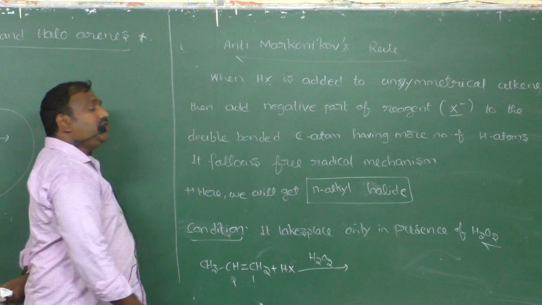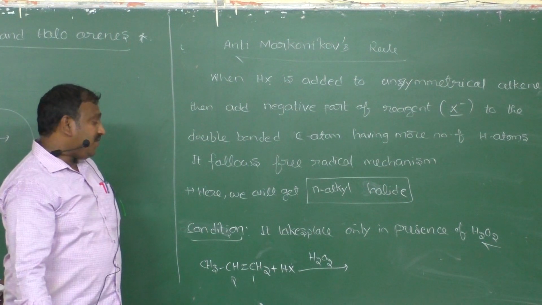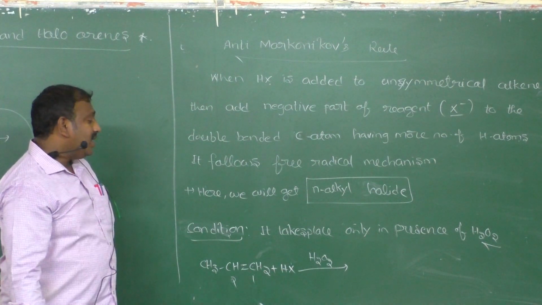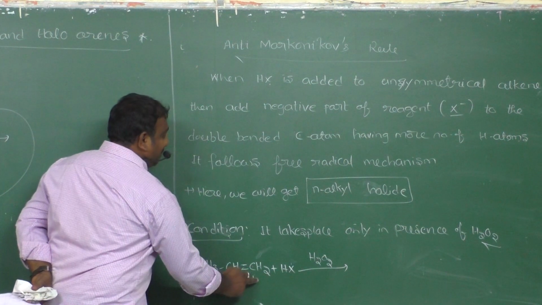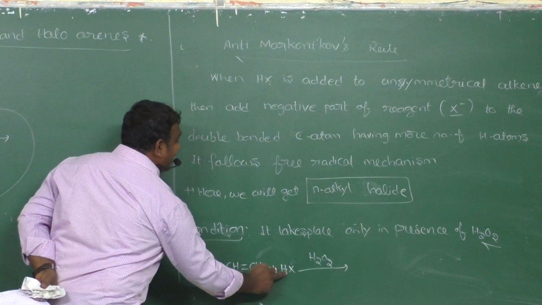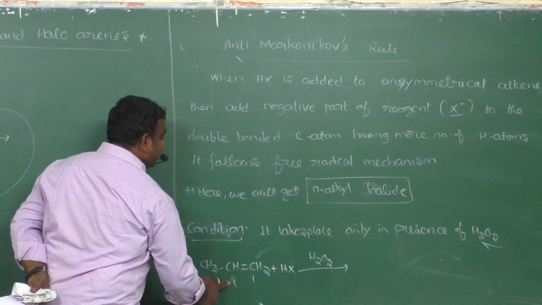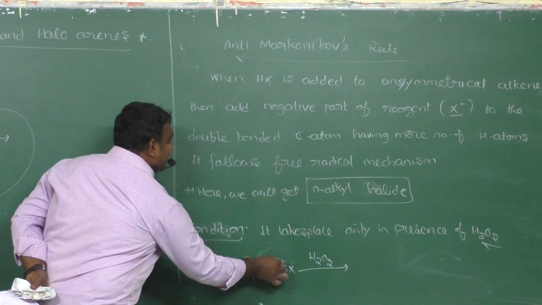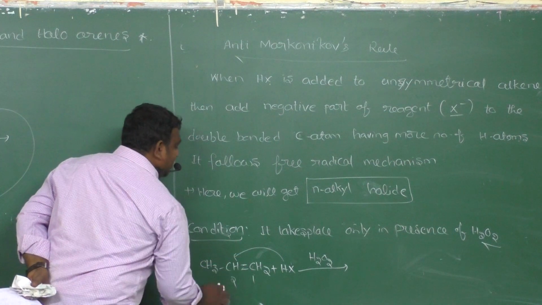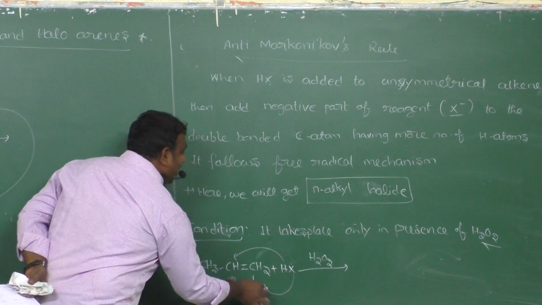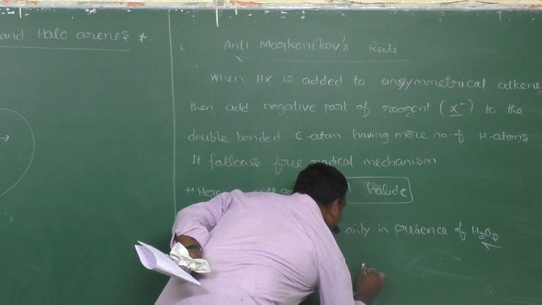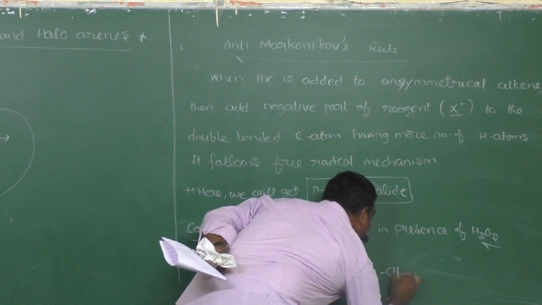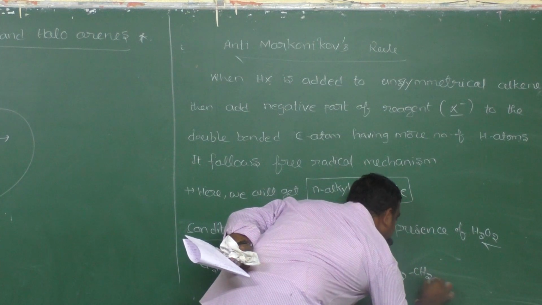So between 1 and 2, which possesses more hydrogen atoms? 1. So add the halogen atom to the first carbon atom and hydrogen to the second carbon atom. We will get the product as CH3, CH2, CH2X.